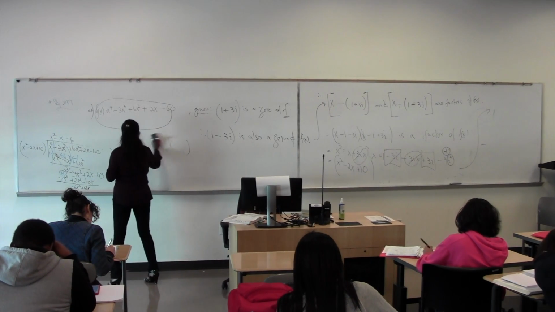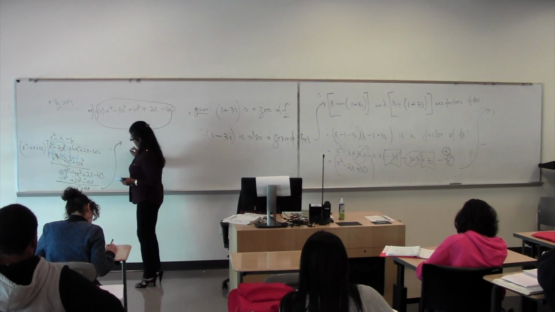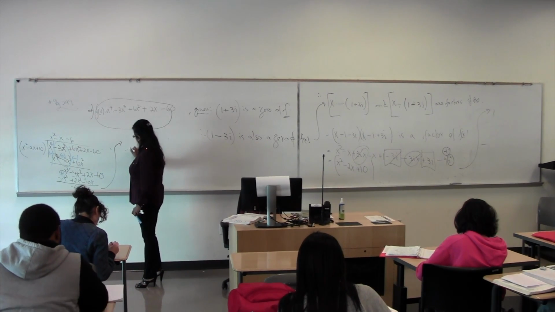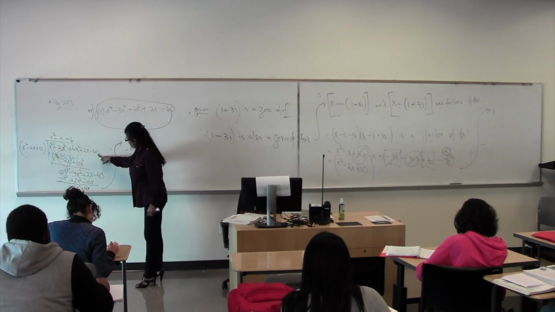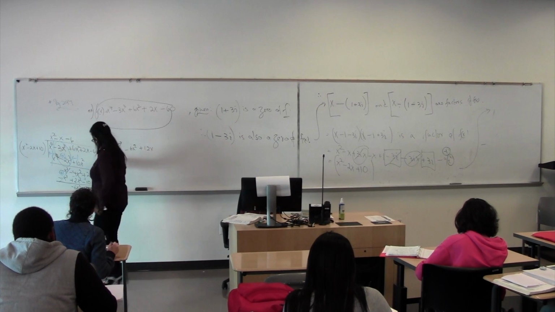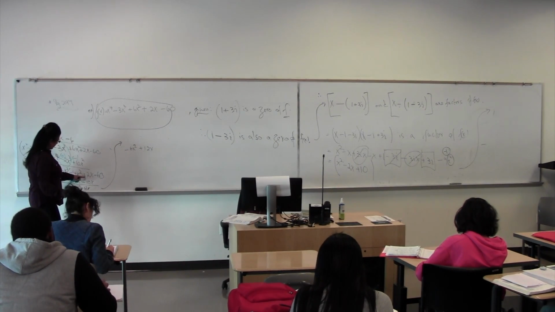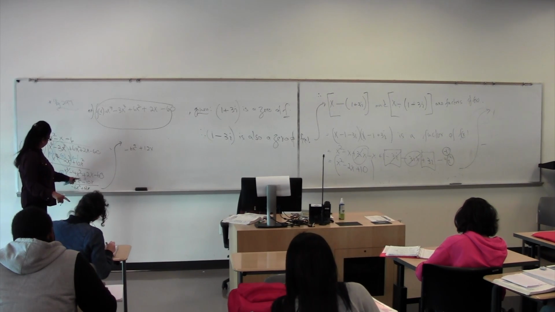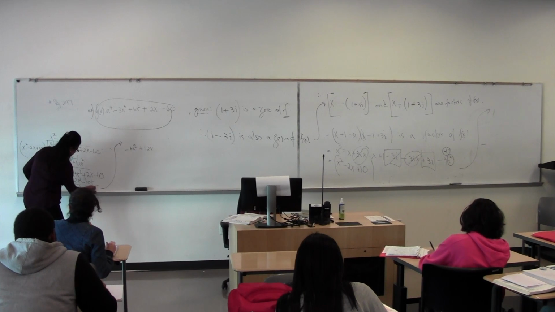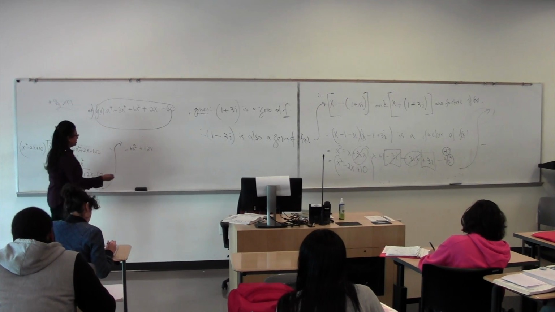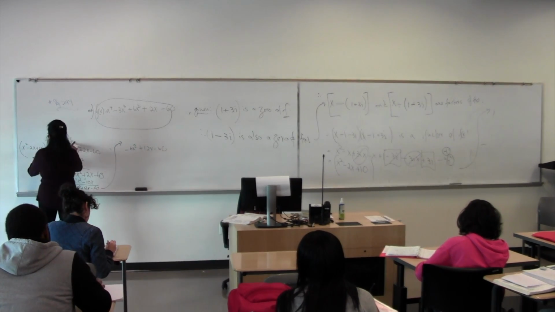So now what do we get? So we have negative 6x squared plus 12x, and I'm going to bring the minus 60 down here, and I'm going to multiply these two with negative 6.